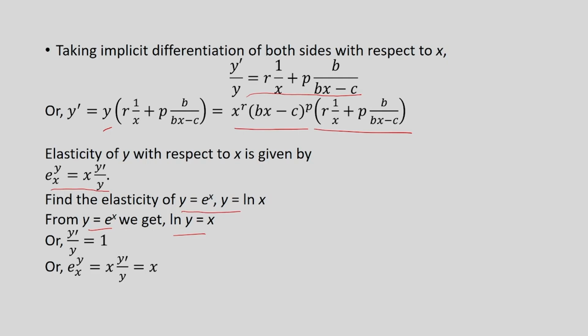So, through implicit differentiation, I will get y dash by y is equal to 1, and I know the formula of elasticity is E yx is equal to x multiplied by y dash by y, and y dash by y is equal to 1. So, this becomes simply x. So, elasticity is equal to x for this first function.